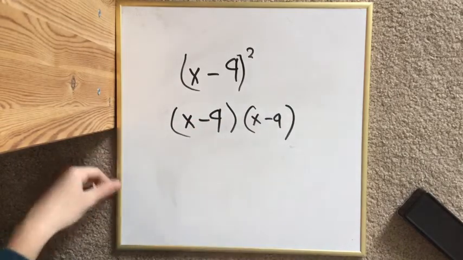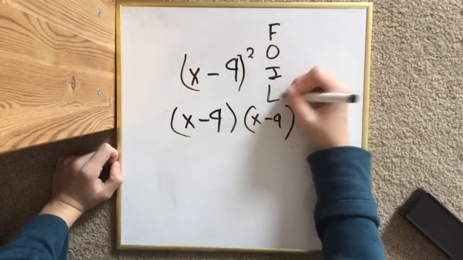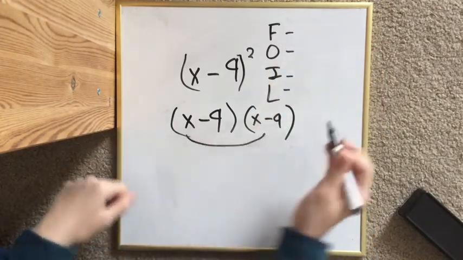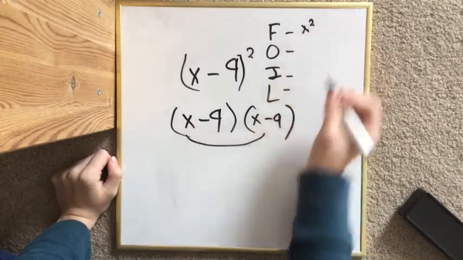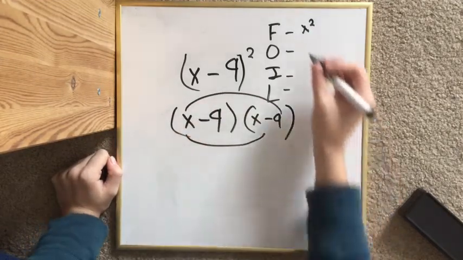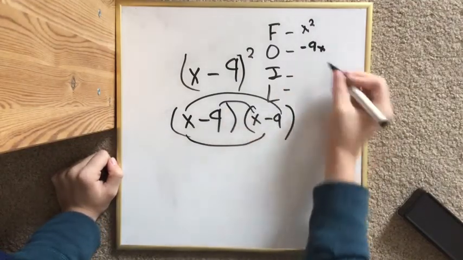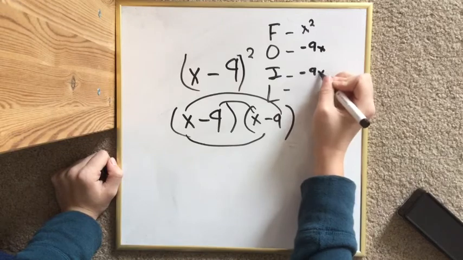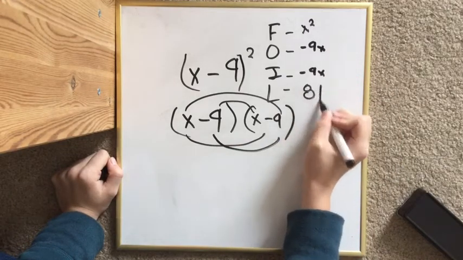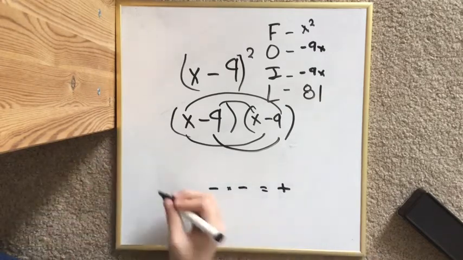So FOIL: the first terms are x and x. The outer terms are negative 9 and x, so minus 9x. Inner terms are also minus 9x. And last, 81, because negative times negative equals a positive.